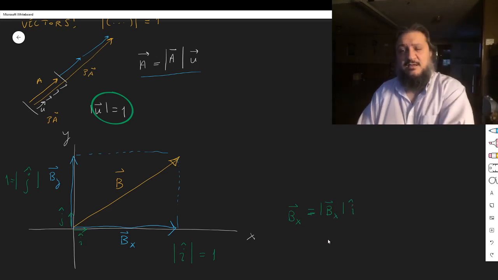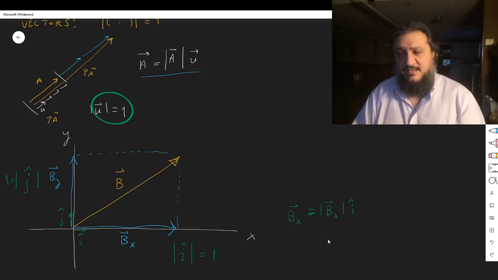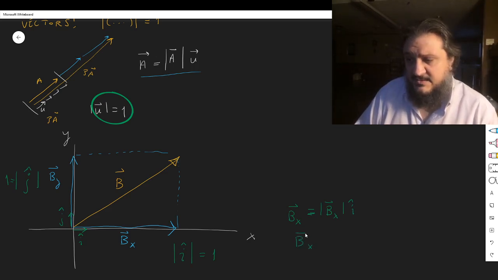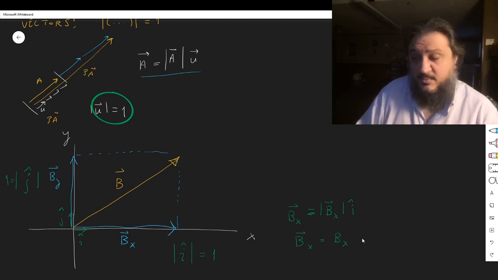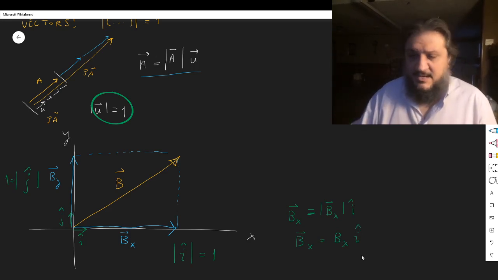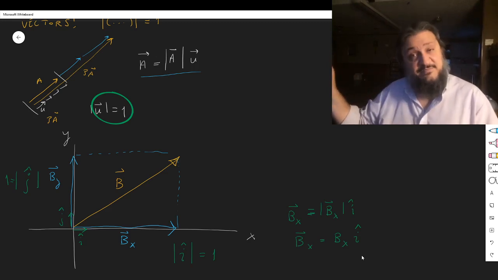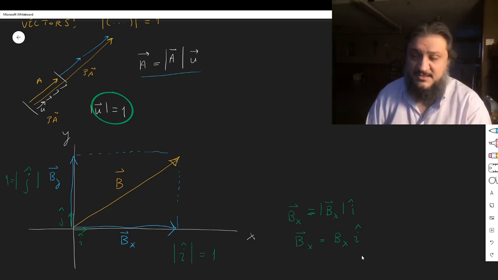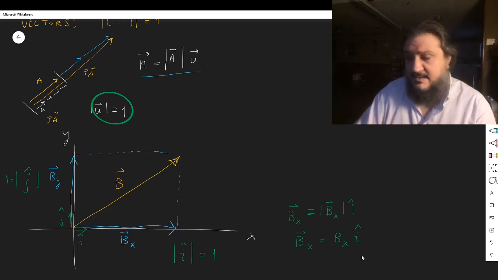But in general, b can point in any direction. If you take that into account, it's better to write it as bx, the actual component, times i hat, because it could be pointing to the left, right? i hat always points in the positive x direction, but if your bx points in the negative x direction, that takes care of that, all right?